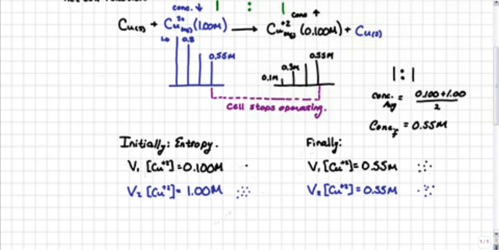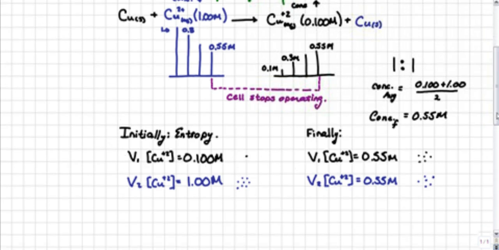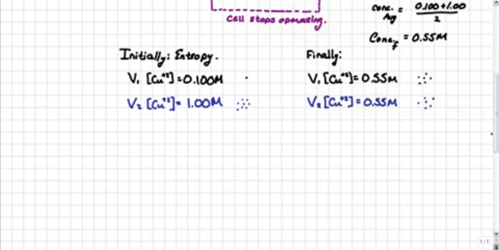And we ask ourselves, as we compare the initial situation to the final situation, the initial situation with one particle in one volume and a bunch in the other volume, in comparison to the situation finally where we have the same number of particles, that is, the same concentration in either case, what is this telling us about the entropy? Well, the entropy is always greatest when particles are uniformly distributed.